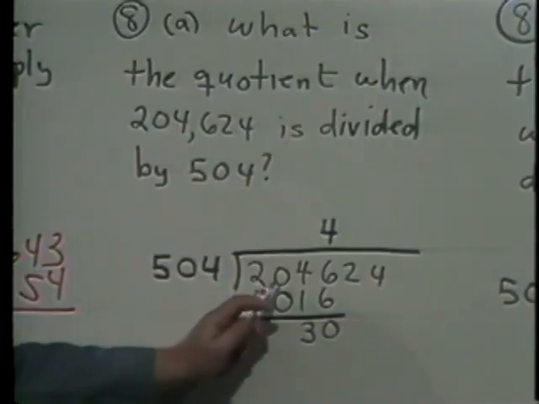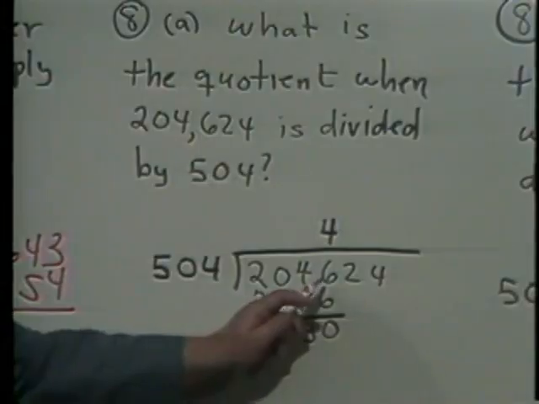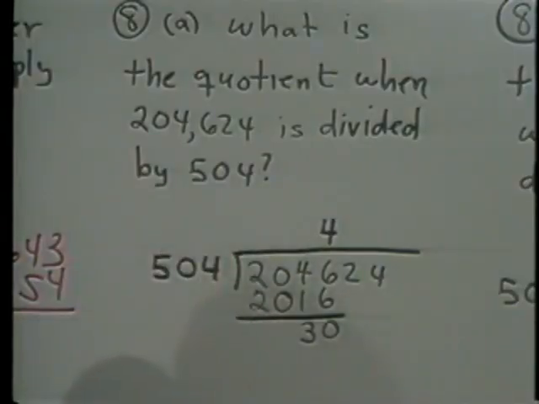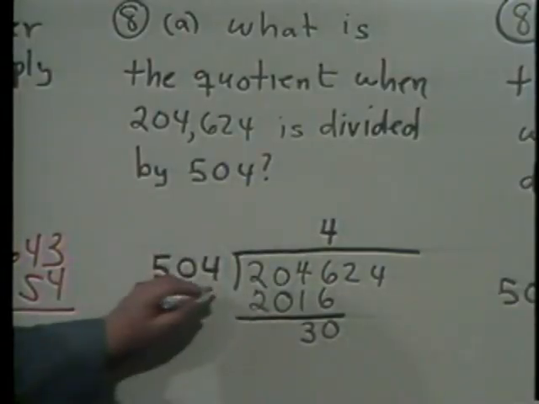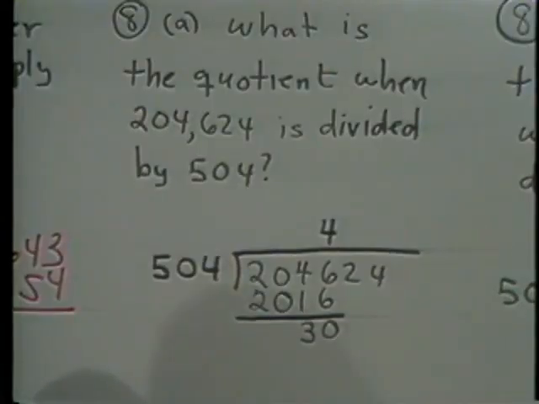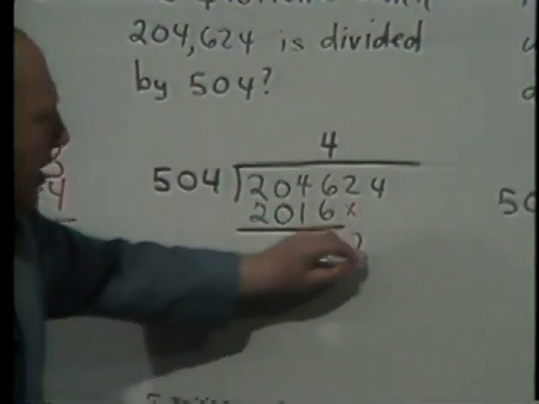Now we look for the first number that's bigger than 504. 2 is too small, 20 is too small, 204 is too small, 2,046, that's bigger. 5 goes into 24 times. We'll take a shot at it. We'll try 4 over here. 4 times 4 is 16. 4 times 5 is 20. This comes out to be 2016. Now we subtract. That gives me 30. Now I bring down the 2.